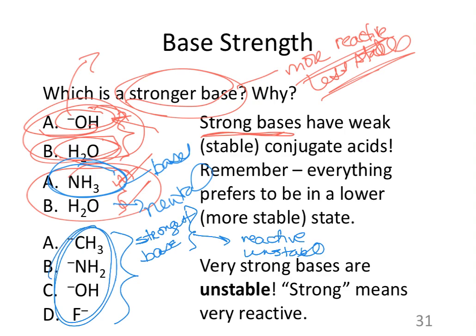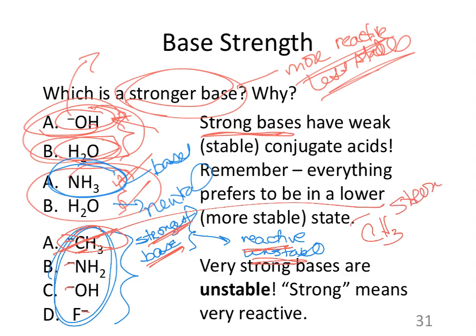Which one is least happy with the negative charge that it has? And what I'm hoping you remember is electronegativity, right? They all have a negative charge, and the more electronegative, the easier it can accommodate that negative charge. So carbon's the least electronegative. No way, it doesn't want that charge. So therefore, when it has a negative charge, it is unstable, which makes it reactive, which makes it a strong base. So CH3 minus is the strongest base of these.